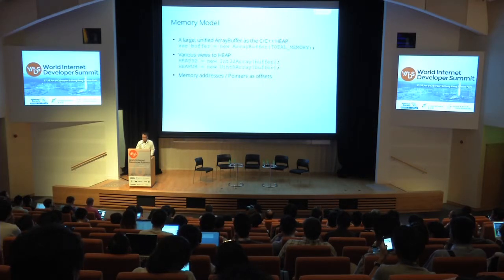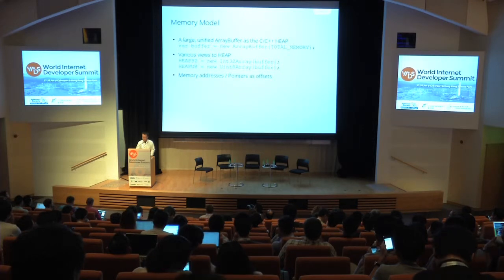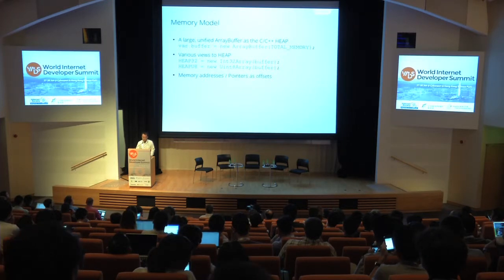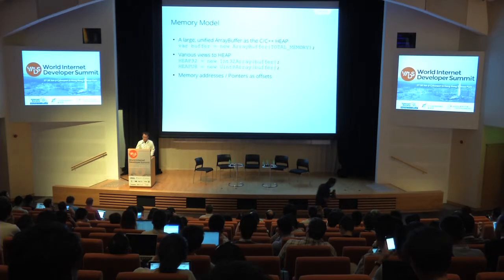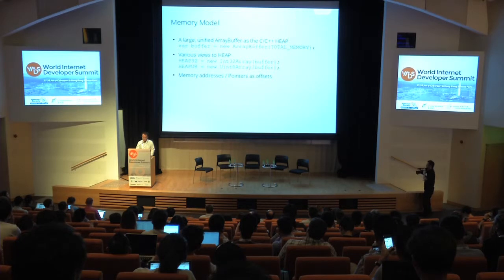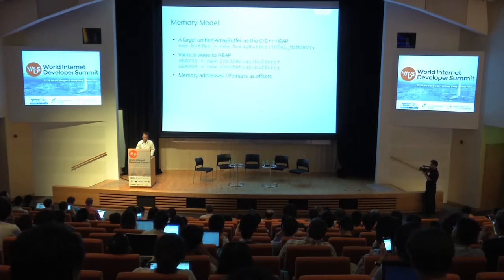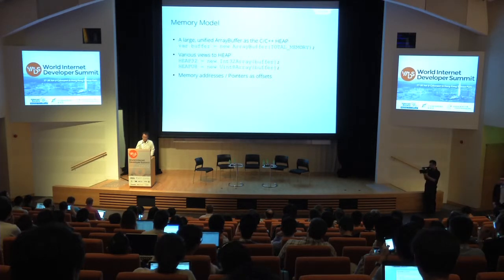A 4 bytes long memory block can be treated as one signed 32 bits long integer, or as 4 unsigned characters. Like native compilers, Emscripten treats the memory addresses or pointers as integers. All the memory addresses in LLVM bitcodes are used as offsets to the heap, that is, the offset to a large unified array buffer.